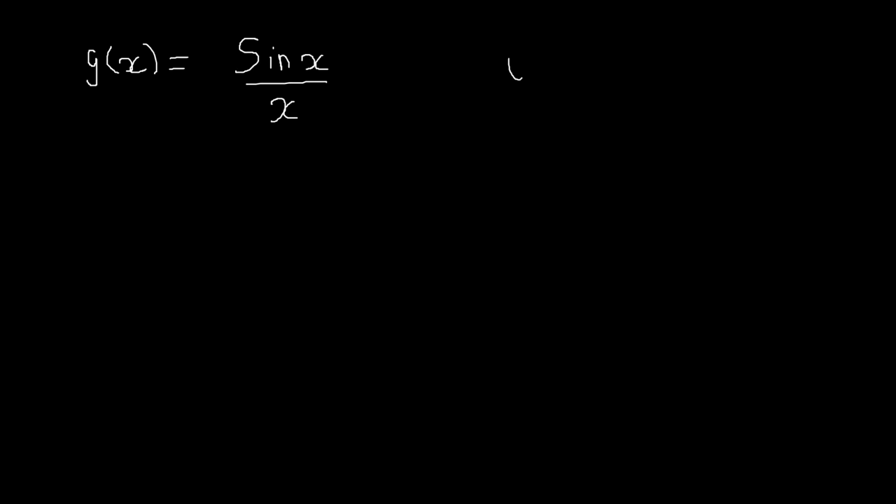So we can say u is equal to sin x, therefore u prime is equal to cosine x, and x we can say is equal to v, so v prime is equal to 1.